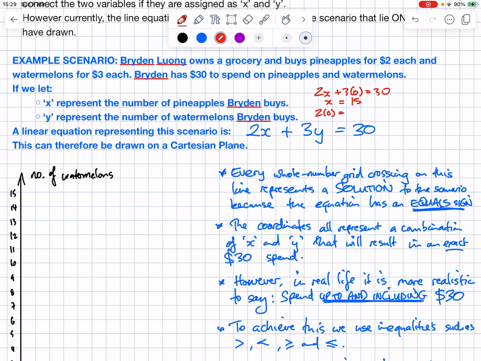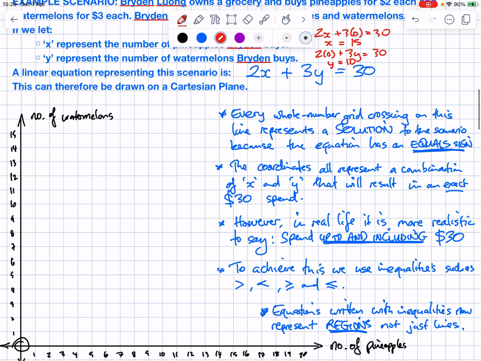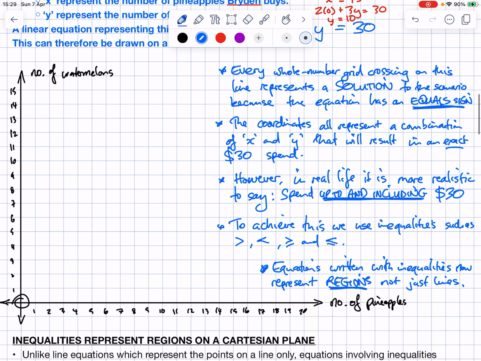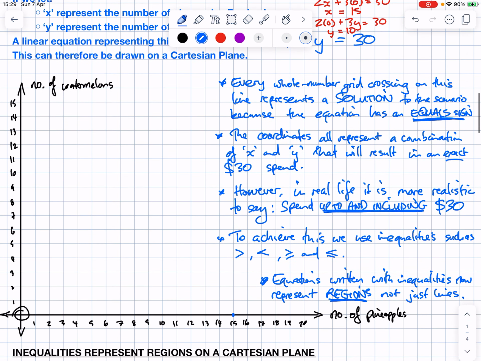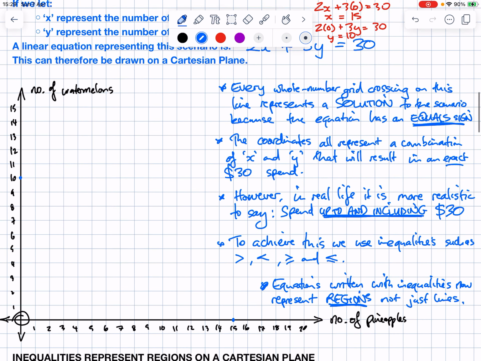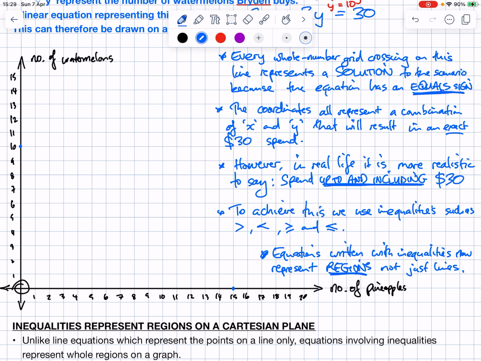Make x equals 0: 3y equals 30. y is going to be 30 divided by 3, which is 10. So x is 15, y is 10. So I can draw that situation on the Cartesian plane.